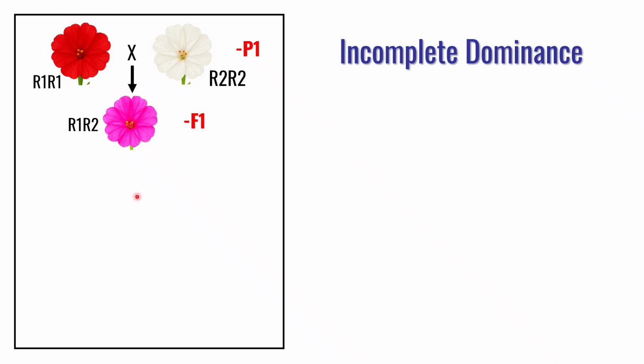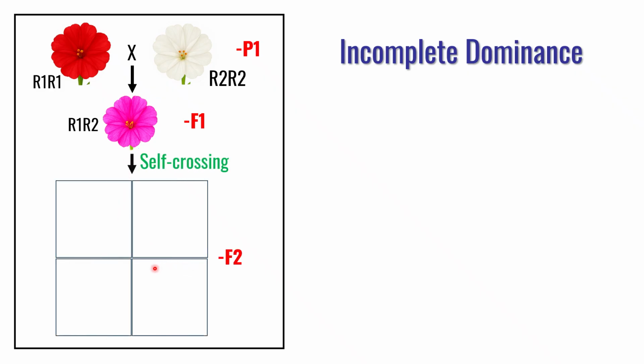To address that, they self-crossed these F1 monohybrid, and in F2 generation they found that 25% were pure red, 25% were pure white. So there is segregation of the parental phenotype and they retain their identity. So it supports law of segregation, although law of dominance is not supported by this experiment.